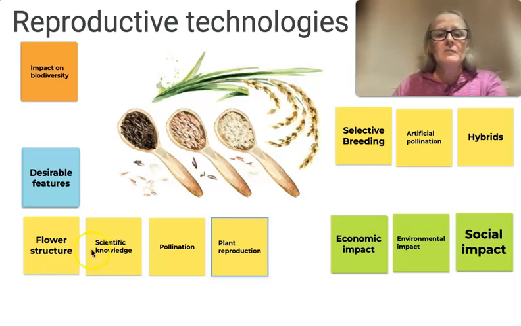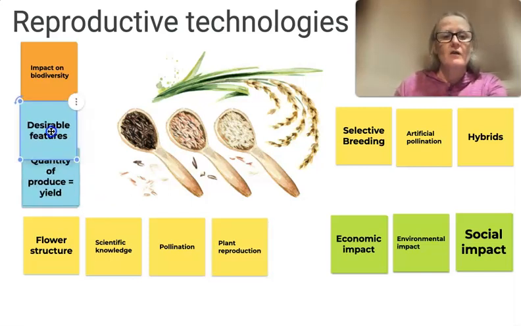The example I've got in the picture here is rice, and there are huge numbers of different types of rice around. In particular, the case study I'm thinking about here is in India and what's called the Green Revolution, when a huge number of new varieties of rice were selectively bred that were shorter and sturdier and faster growing and higher yielding.